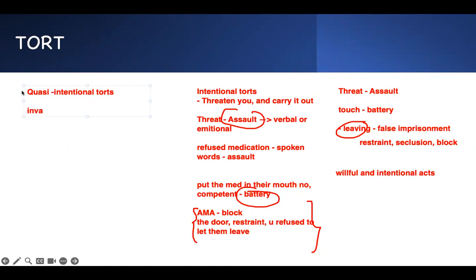It's invasion of patient privacy. And you intentionally, this violates the client's HIPAA, basically. When you do that, it gets intentional. You intentionally did that. But sometimes because you don't plan, you don't know what you're doing. So invasion of patient privacy is a form of intention, but it's not. That's why I call it quasi intentional.